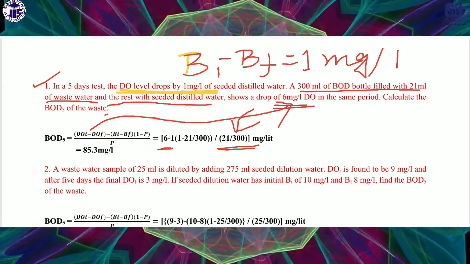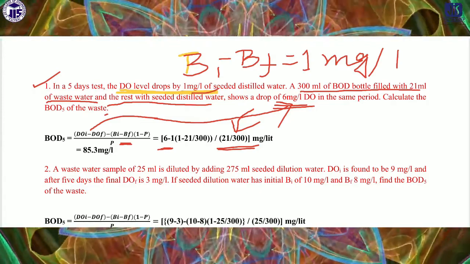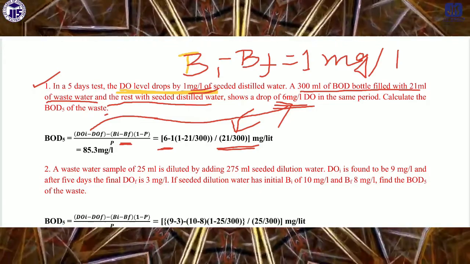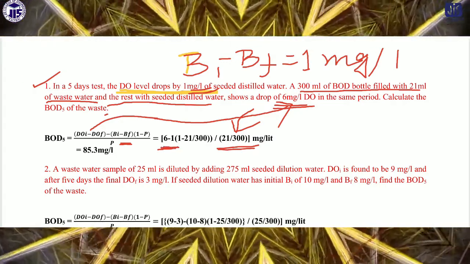And Bi minus Bf, this value will be 1. It is given in the question, so it is 1. So 6 minus 1 here.